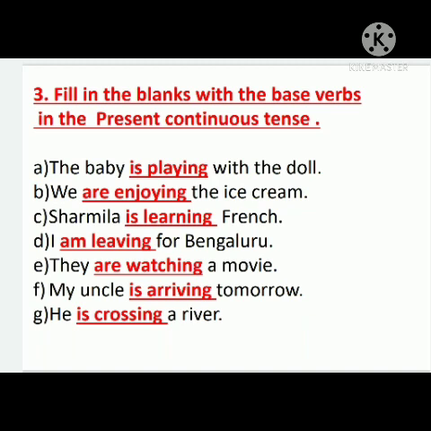Third one: Sharmila is. Sharmila is a singular noun, so we use the helping verb is. Sharmila is learning French. Now the fourth one: I am. For I, the helping verb am compulsorily comes.